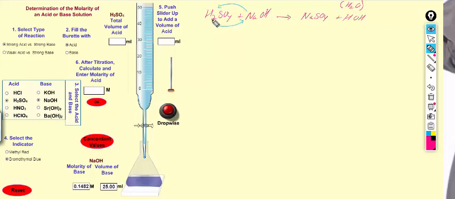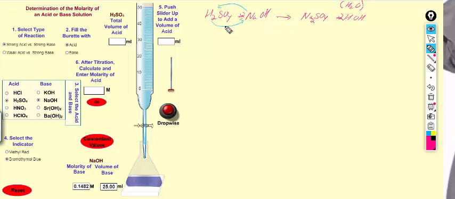But notice there's 2 hydrogens here, only 1 sodium. So the charge on the sulfate ion is -2, and so we're going to need 2 sodiums to balance that. So if we have 2 sodiums here, we're going to need 2 here. Right? So the stoichiometry is it takes 2 moles of sodium hydroxide to neutralize 1 mole of sulfuric acid, and of course in the process we make 2 moles of water.